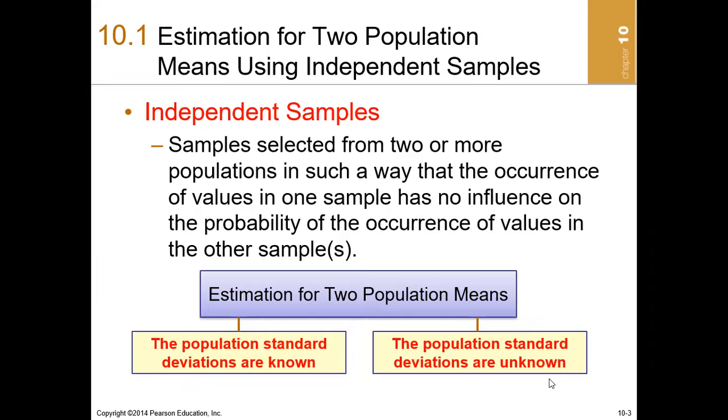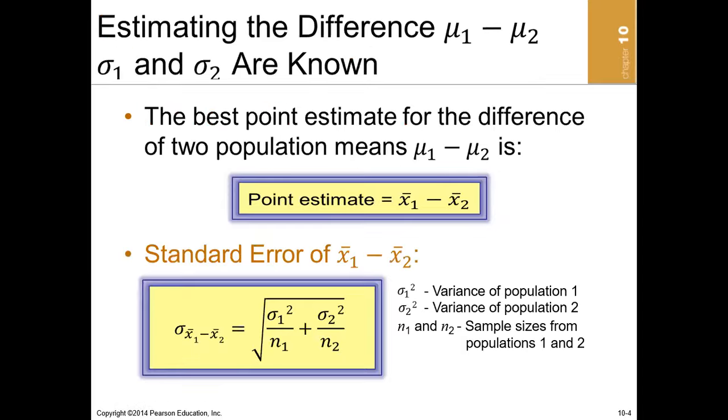Now, I can do a point estimate when population standard deviations are known, and I can do a point estimate when population standard deviations are unknown. Remember, if we were talking about only one population, the point estimate would have been the sample mean.